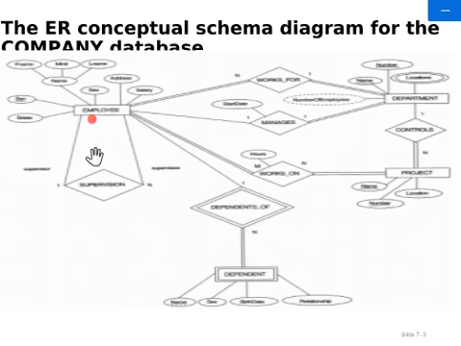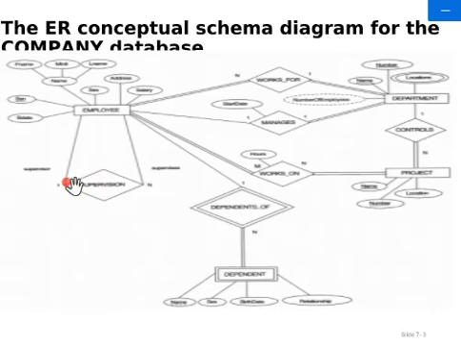When you see supervision, on both sides of the supervision relationship, only employee is connected, only one same entity. That's why we call this relationship type a unary relationship type. Whenever we have a unary relationship type, we should be very careful that we give the role names.